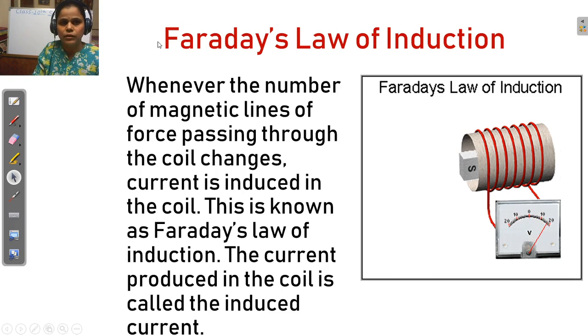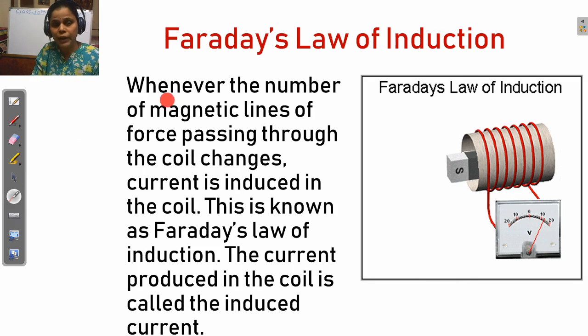The next topic is Faraday's law of induction. What is Faraday's law of induction? Whenever the number of magnetic field lines changes. Why did I say the number of magnetic field lines?